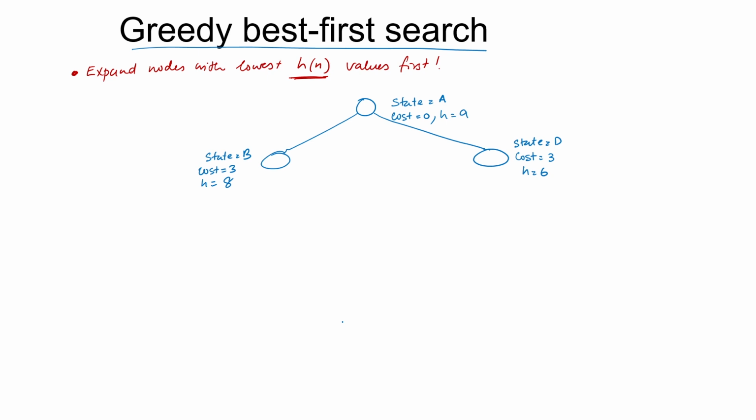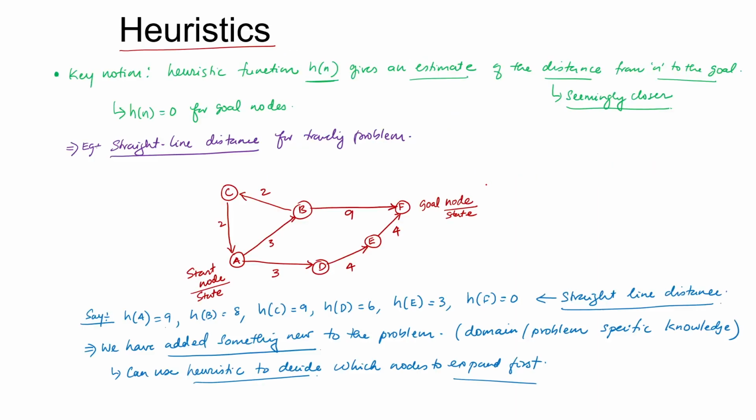Given that we now have the problem specific knowledge, we know that D is seemingly closer. So because it is seemingly closer, we will expand this. From D where can you go?